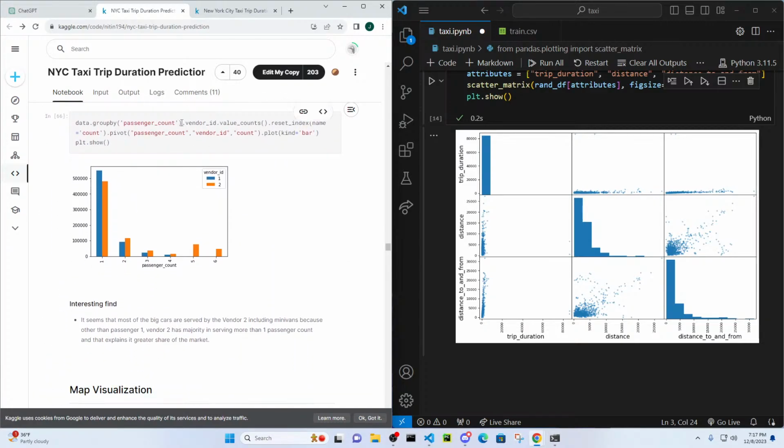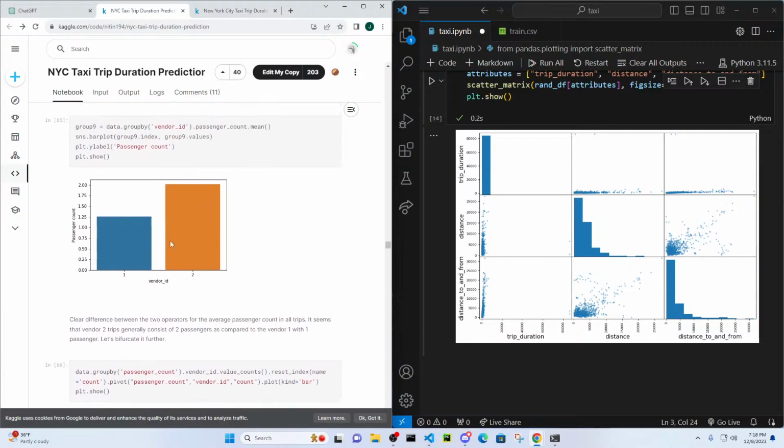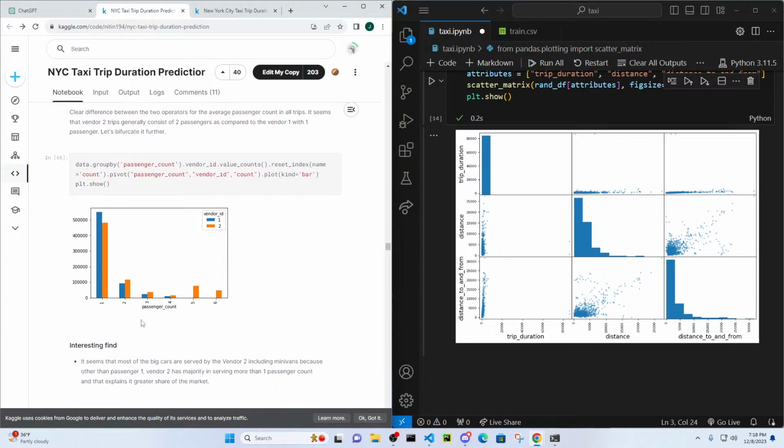So this is grouping by passenger count. Same thing with vendor 1 and vendor 2. All right, so it's actually breaking these down into the actual number of passengers. Passenger count, vendor ID count. Okay, so there's going to be 3 here.